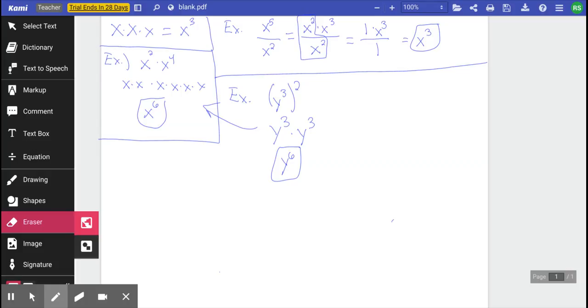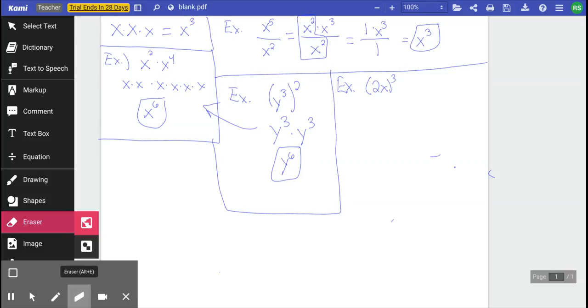which gives us a simplified expression of y to the sixth. Last example I'm going to go through with you guys on this slide is 2x all cubed, 2x quantity cubed. What's in the parentheses is being multiplied together 3 times, right? That's what that 3 means. So we are going to take 2x times itself 3 times.